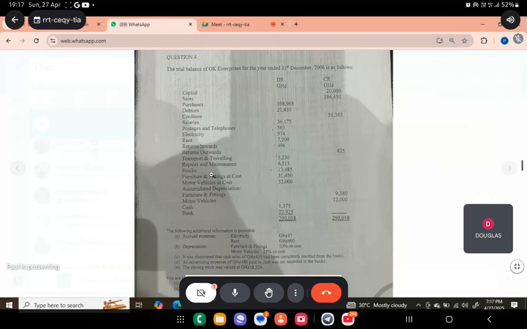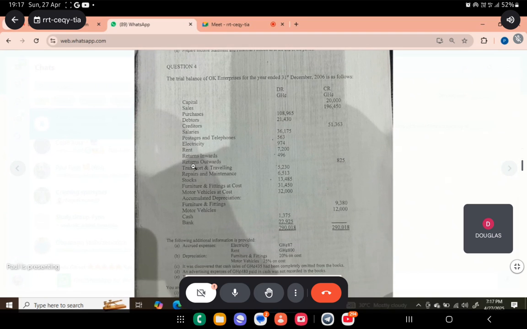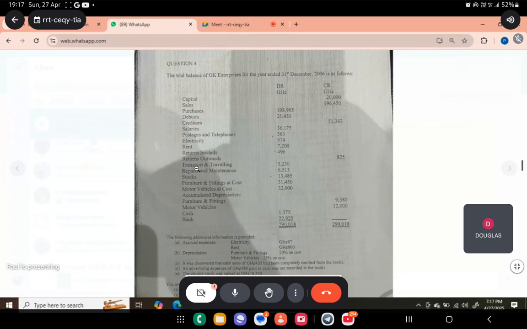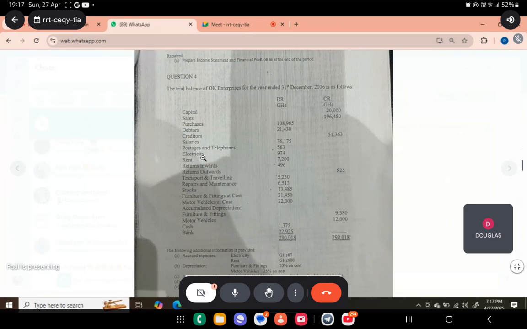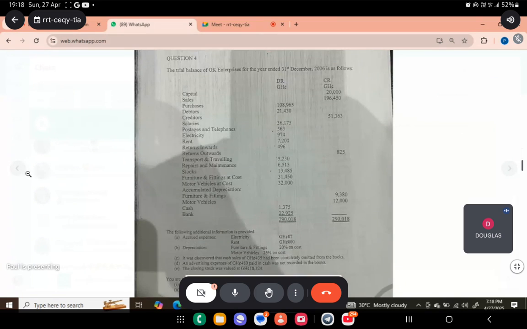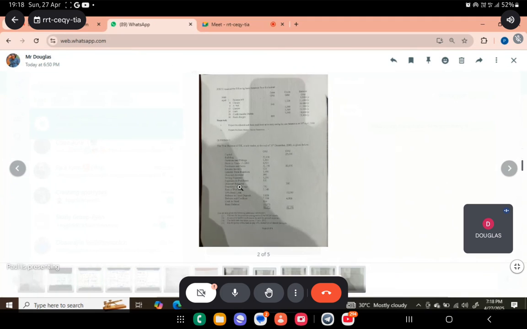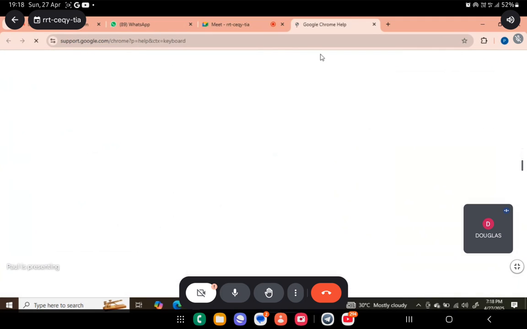I can't see it. Please, have you seen it? This is not the question. That's the second one. A sum of 200 is still due to be paid for general expenses.